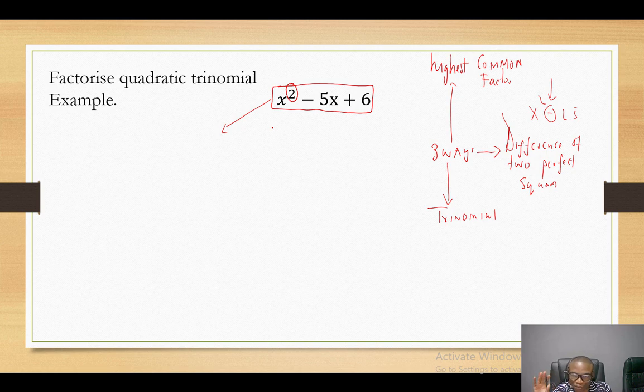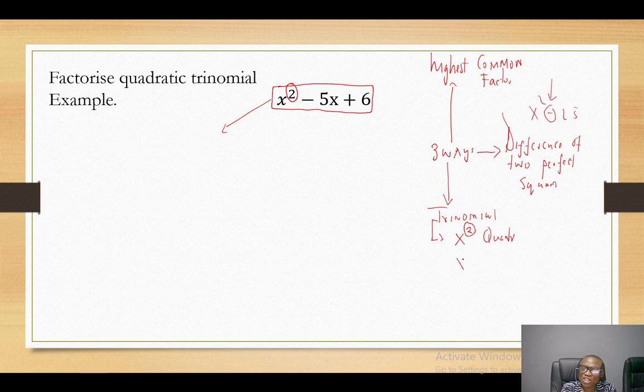Even if it's an expression of one term, let me show you an example. Let's say it's just x squared. This is a quadratic. Why? The highest power is 2. I keep saying power. I need to change my mathematical vocabulary. This is exponent 2. So because the highest exponent is 2, this is quadratic.